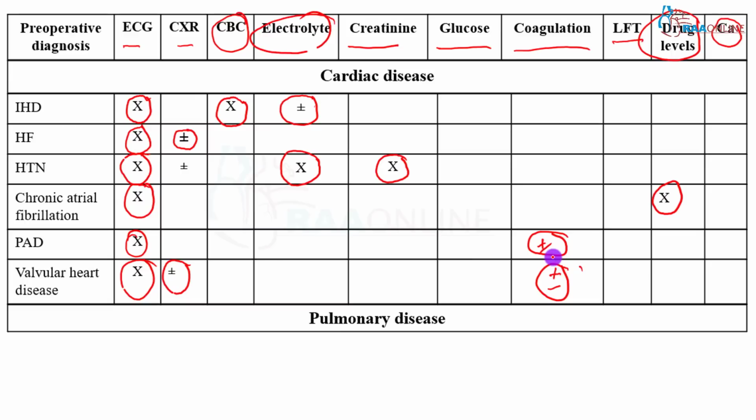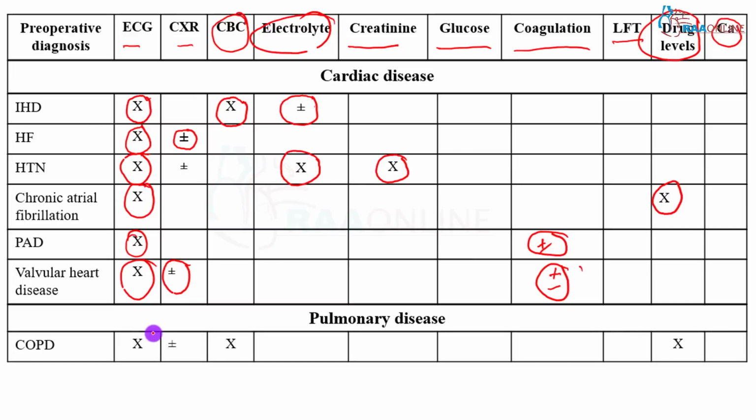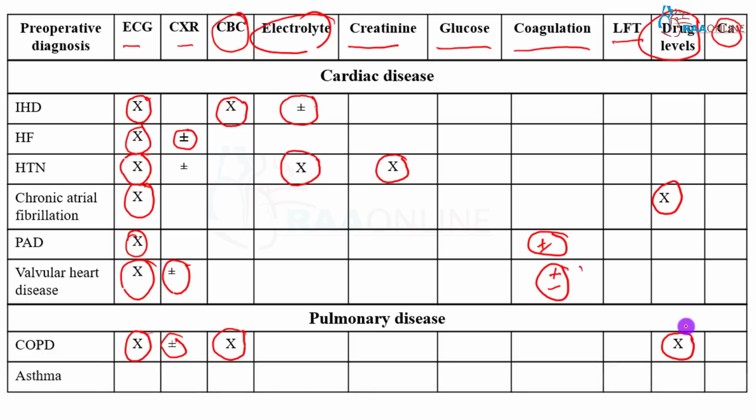Coming to pulmonary disease, in COPD, you need ECG, as right heart failure can be there, X-ray plus or minus, and a complete blood count, particularly hemoglobin status, and the patient might be on some drugs which require a drug level assessment. In asthma, unless it is an acute exacerbation or the patient is severely asthmatic, none of the tests might be needed; the same tests which you do for chronic COPD can be repeated here.